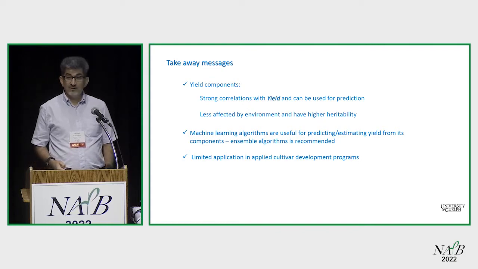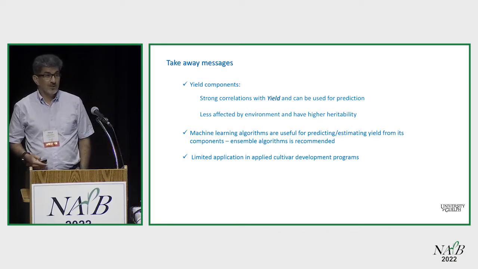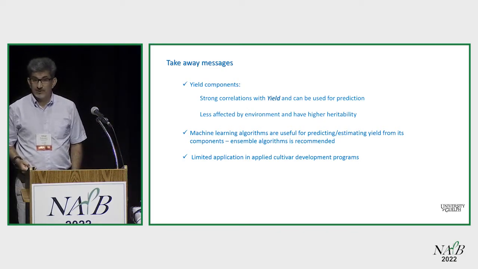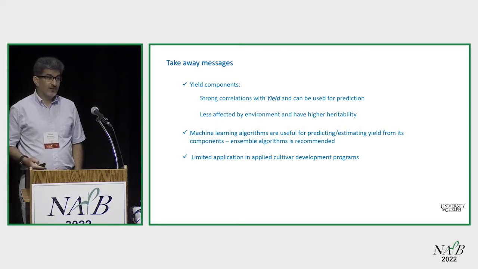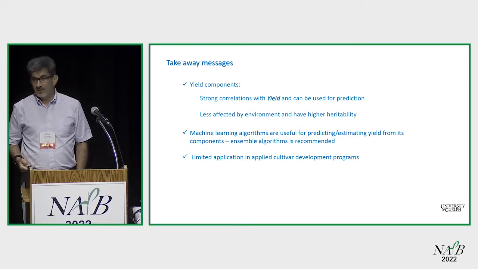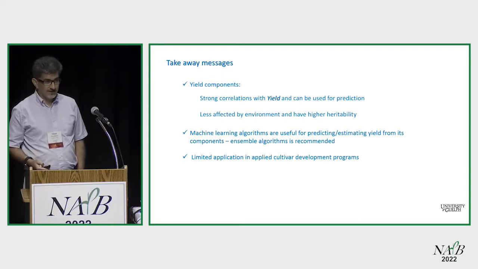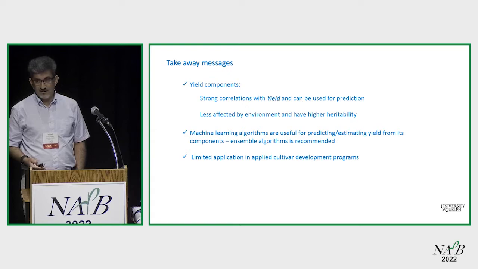But the problem here is how I want to use this information in applied plant breeding. Myself, I deal with about 15,000 F1 hedgerows every single year to pick 15% of the advanced lines.